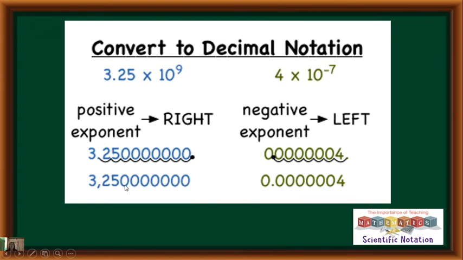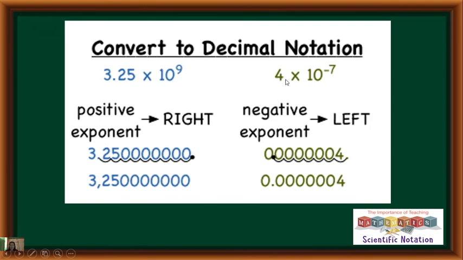3,250,000,000. Next, how about if the exponent is negative? Just like 4 times 10 raised to negative 7. Negative exponent indicates that you're going to move the decimal point 7 times to the left. My question is, where is the decimal point in 4? 4 is a whole number and in all whole numbers the decimal point is located right after the last digit.